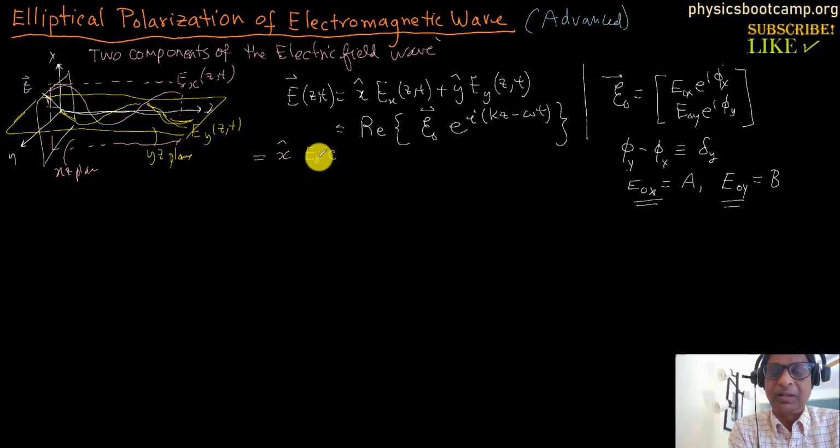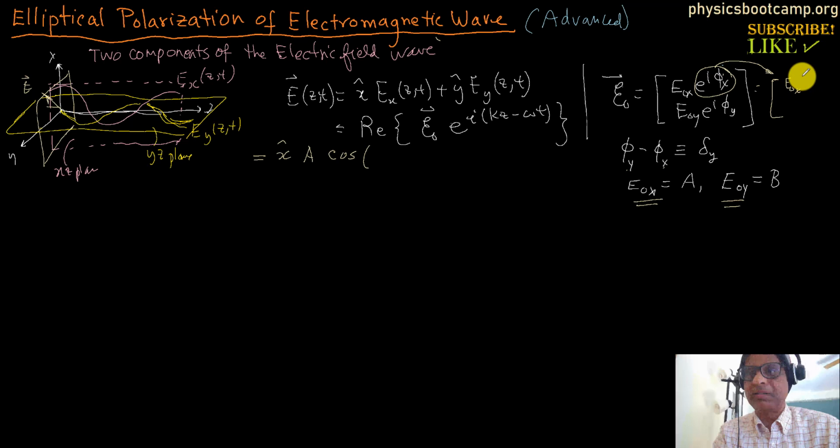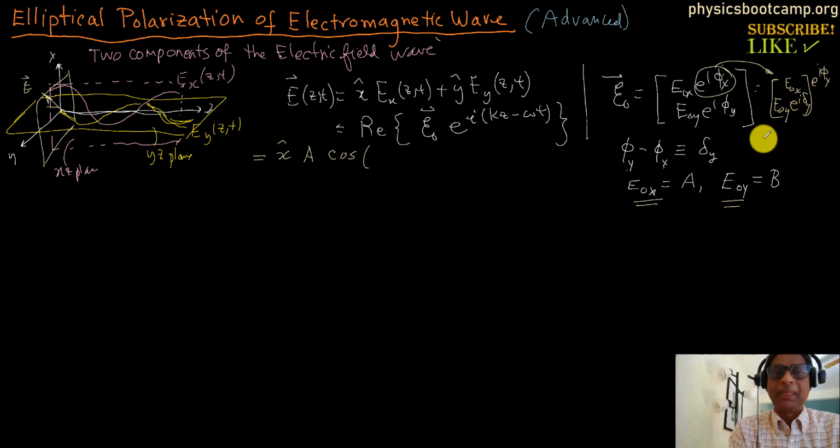E0 is going to be A cosine. So this way I can take this out, and I just leave E0x here, e to the power i phi x, and this will be E0y e to the power i delta y.